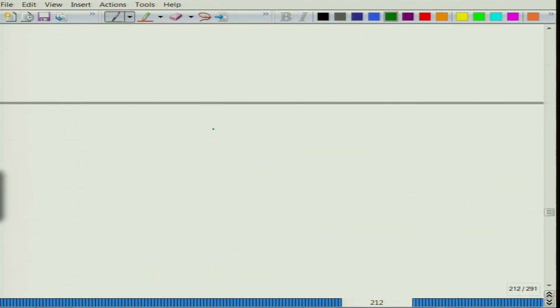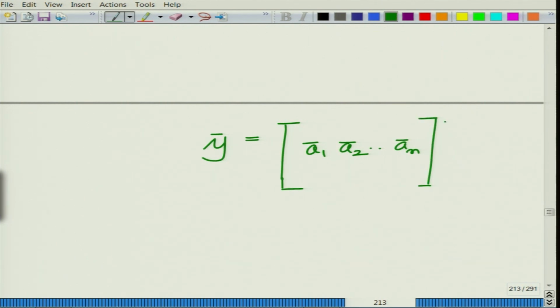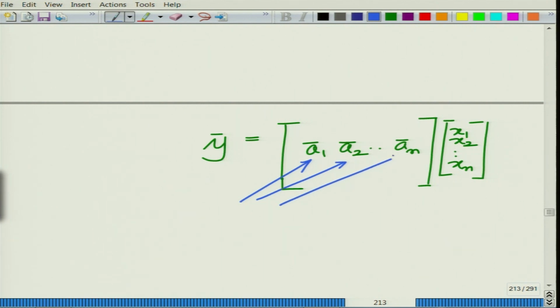So, let us go back and take a look at this. We have y bar, let us write it in a slightly elaborate fashion. We have the matrix A with columns A1 bar, A2 bar, up to AN bar. This is your matrix A, which is an M cross N matrix.